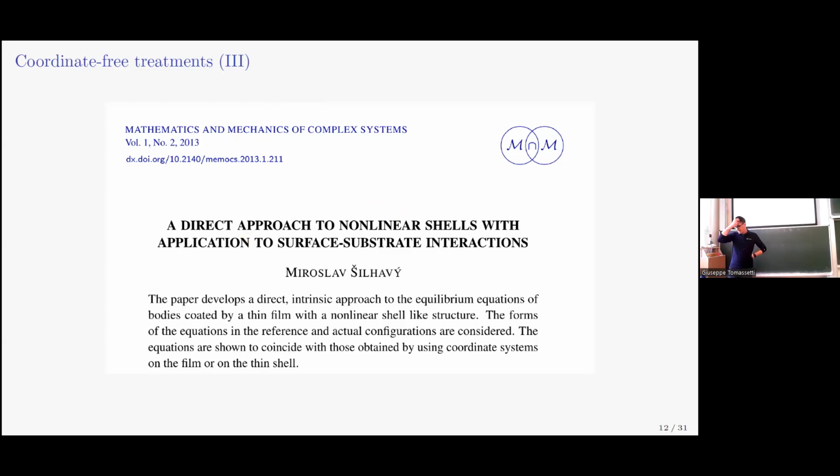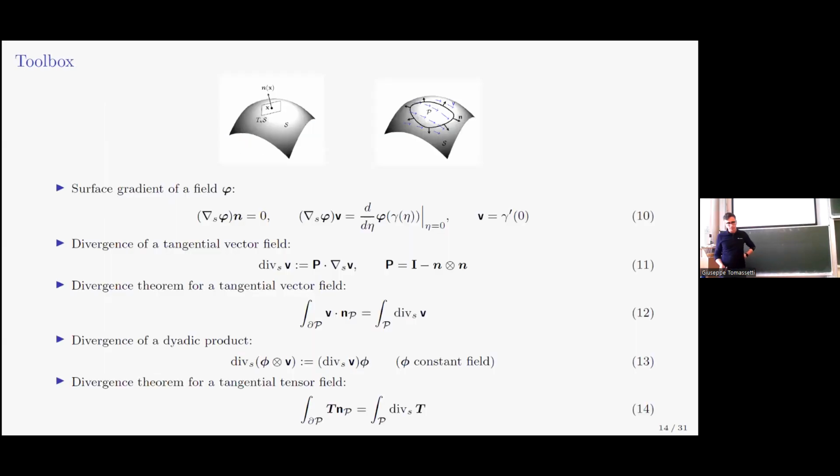Okay, but since I was interested in dynamics, I couldn't use a variational principle. I could use a Hamiltonian approach, but I decided to go another way and to use really standard tools from continuum mechanics, which is balance equations, integration by parts, and stuff like that. Okay, and these are the tools that I used.